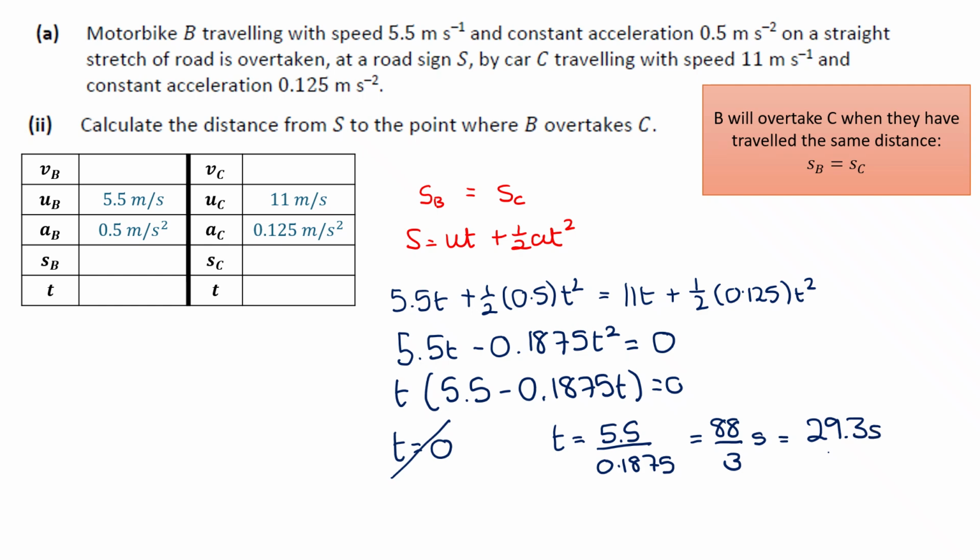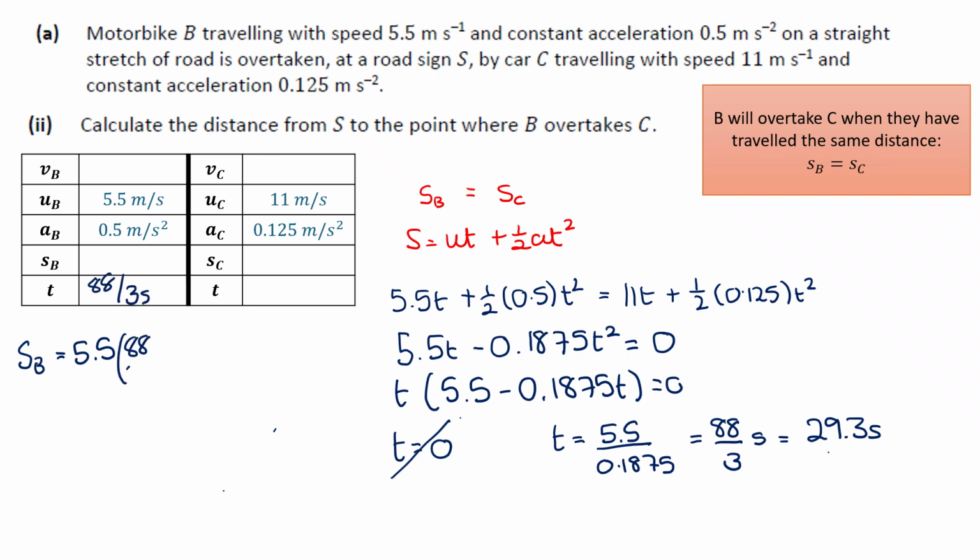So therefore, we need to go work it out. It actually doesn't matter which one we work with, because the distances should be the same. So I'm going to work out SB, and that's going to be 5.5. Remember, we've just worked out our time here as 88 over 3 seconds.